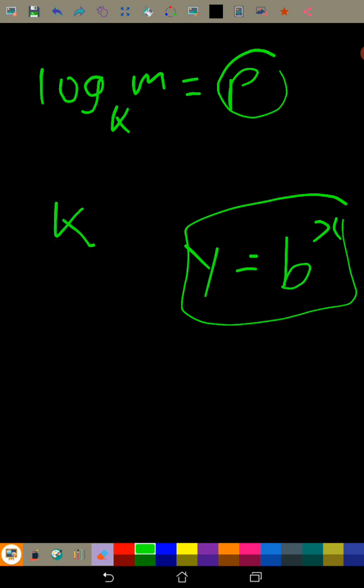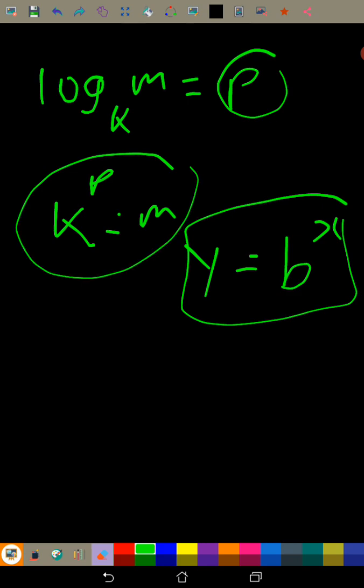So k to the power of p is equal to m. We get this from this because we want it the same.